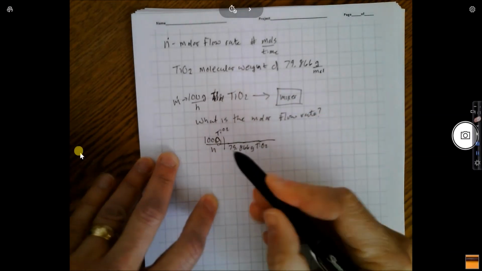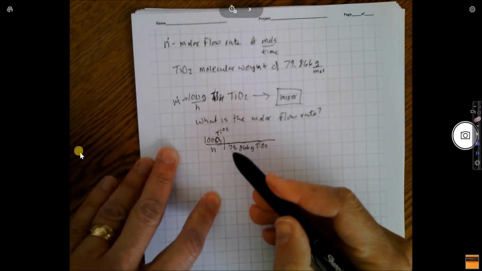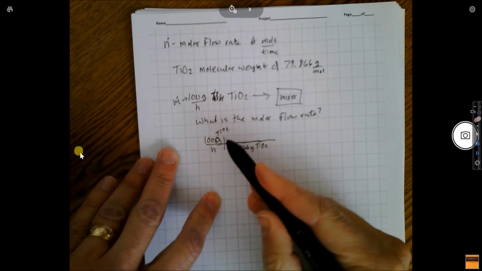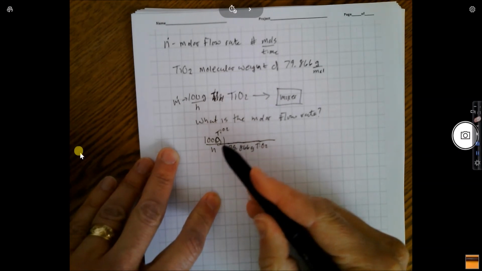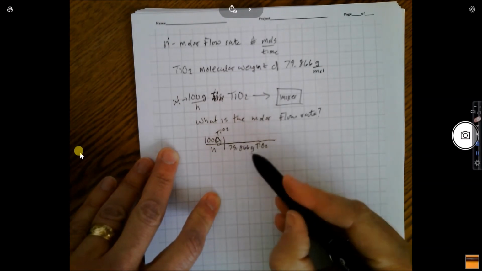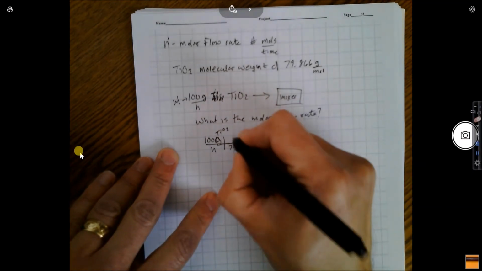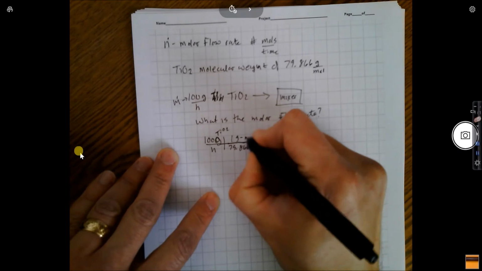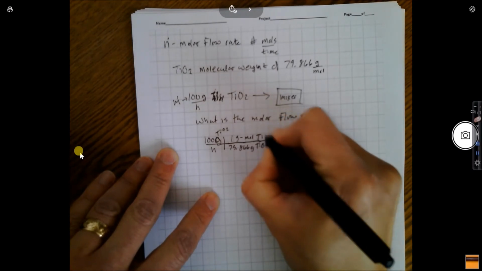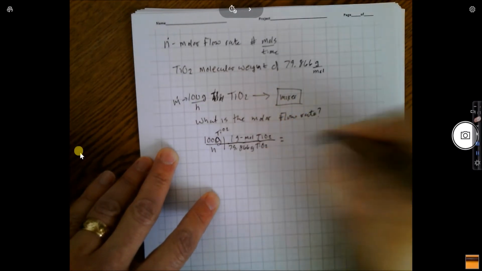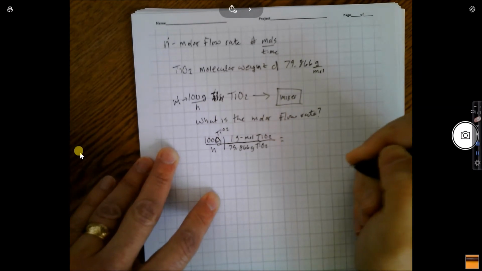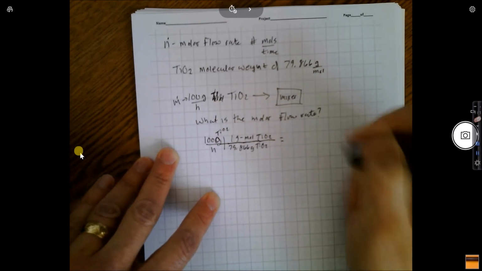Even though I'm doing a bad job in this example, please start getting in the habit of doing good bookkeeping. And then we get the answer of 1.3.